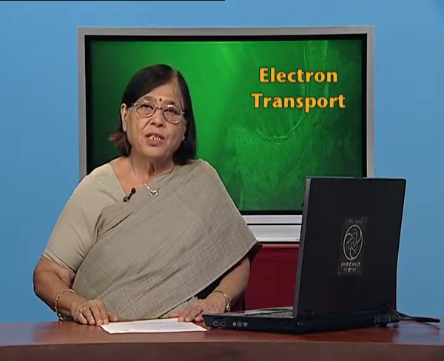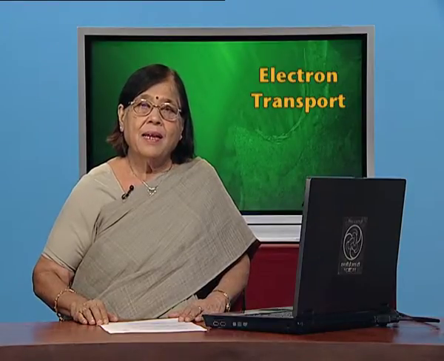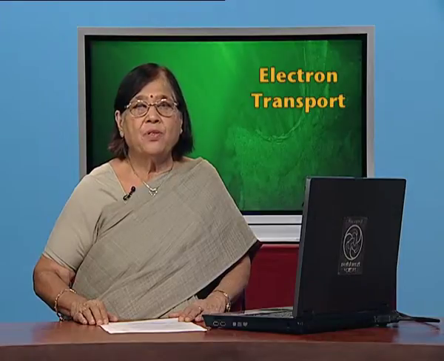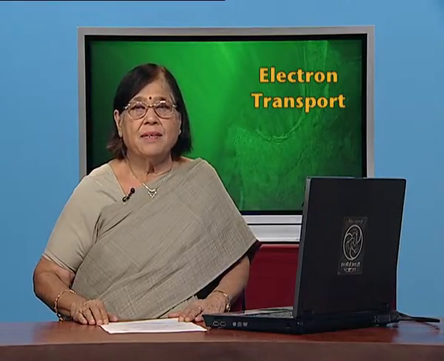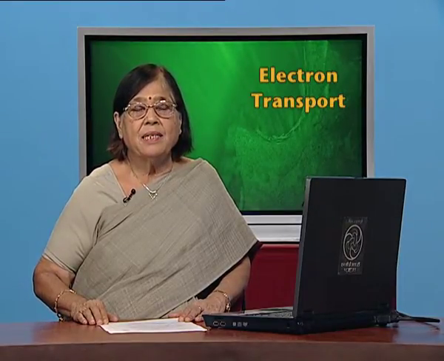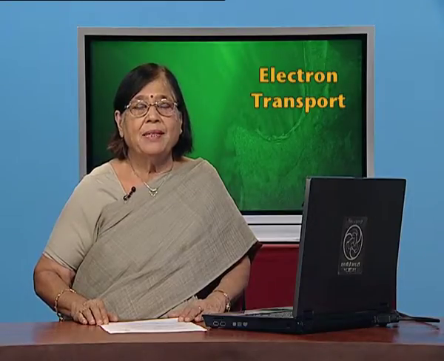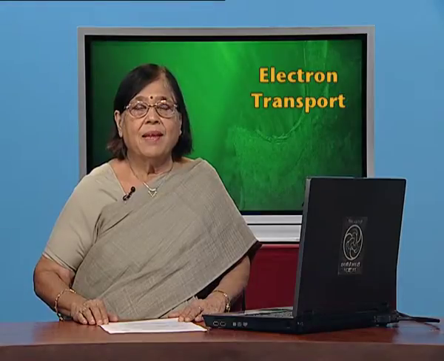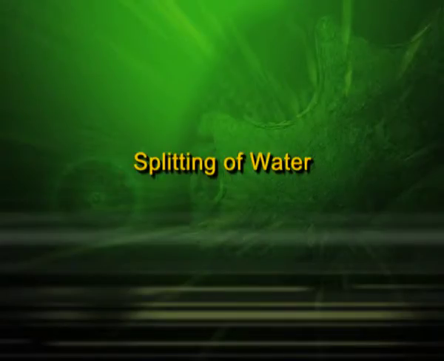That is the electron transport, we know it. Now, the question is how long the electrons will be produced in the reaction center. It may be exhausted at one point of time, then how will this electron transport system go on? The answer is splitting of water.